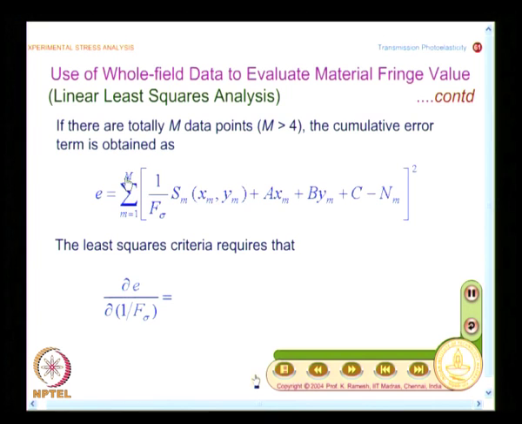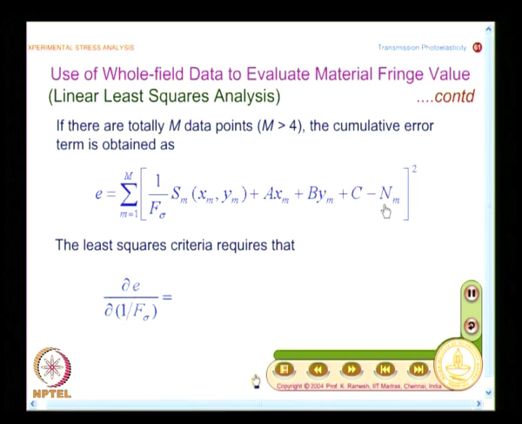Suppose I have m data points, I sum all these squares, because I am not worried about whether it is a positive error or negative error, I am only interested in the magnitude of the error. So, I have this as sigma m equal to 1 to m, 1 by f sigma s m, which is a function of x comma y, then a x m plus b y m plus c minus n m.